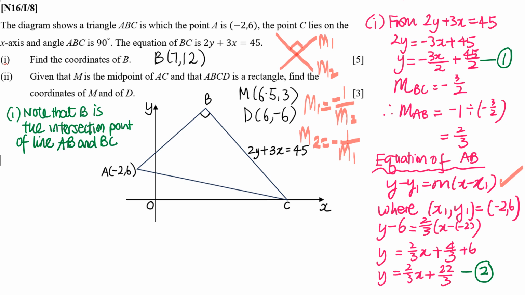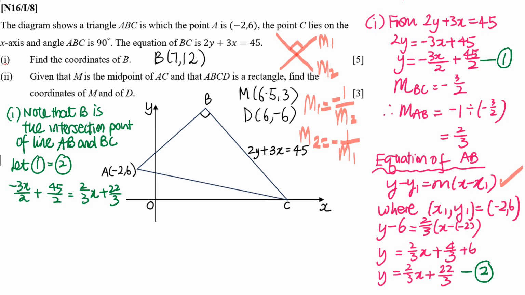As I've explained earlier, B is the intersection point of the line AB and BC. Therefore, I'm going to solve these two equations simultaneously to find the coordinates for point B. This is the part where I say that you need a little bit of algebraic skills.